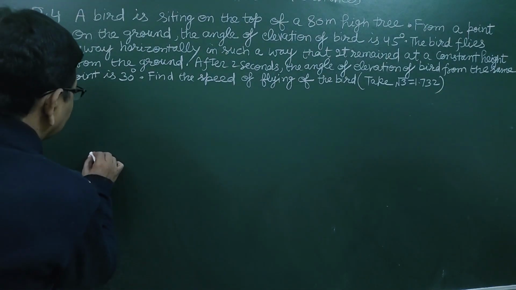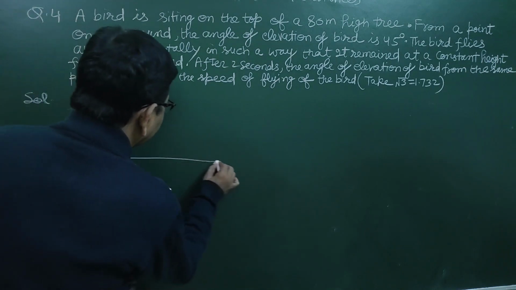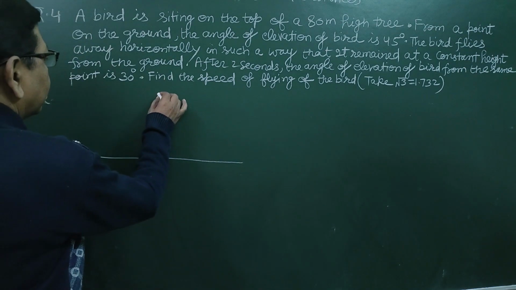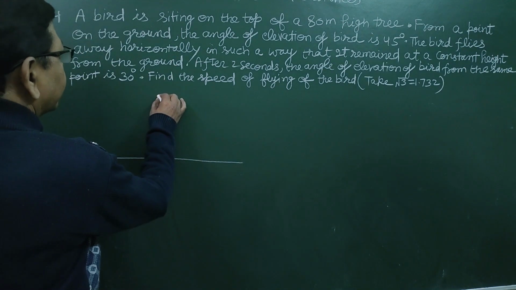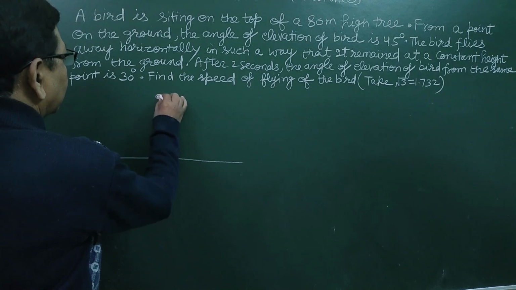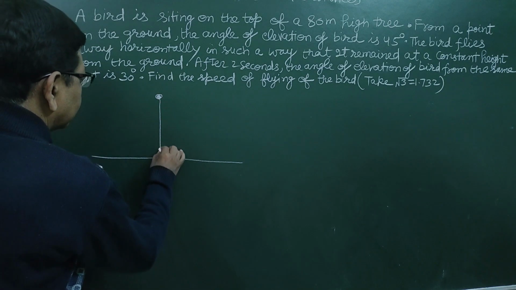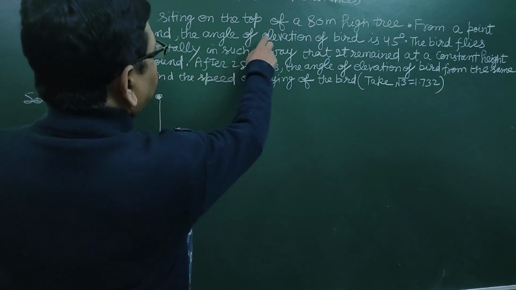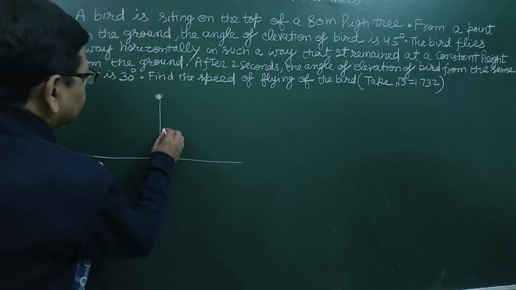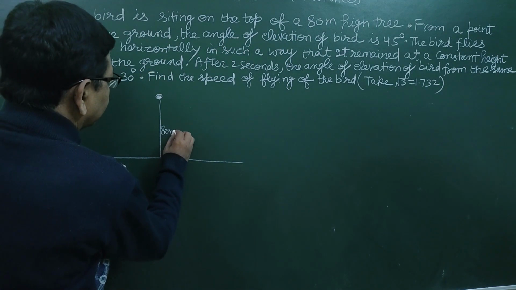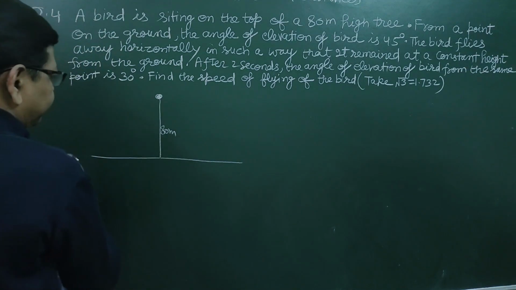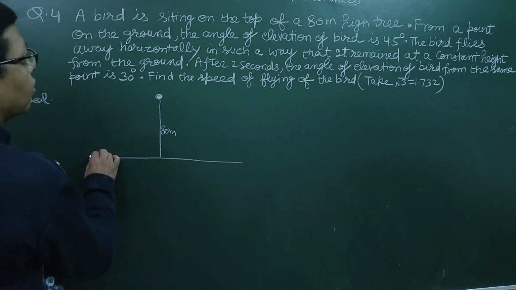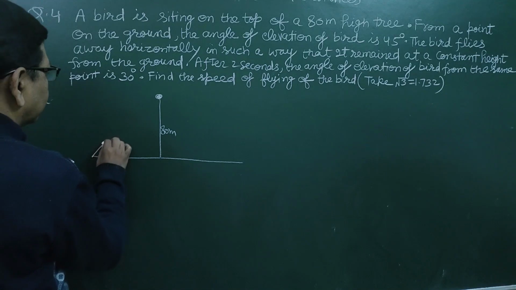So first let us draw the level of ground, and a bird is sitting at the top of an 80-meter high tree. This is the 80-meter high tree. The bird is sitting here. The angle of elevation of the bird is 45 degrees.